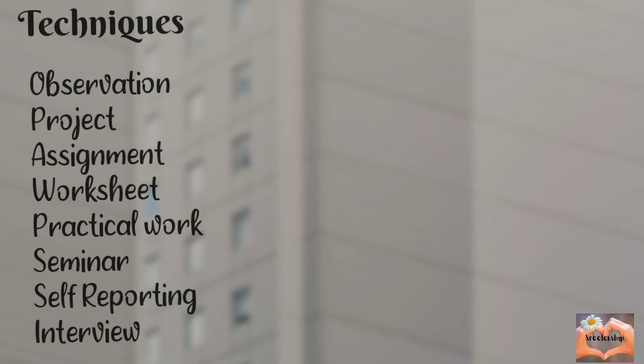And the next is interview itself. There are structured interviews, then semi-structured interviews, and unstructured also. So unstructured is very free. There is no planning, and there will not be any predetermined set of questions.